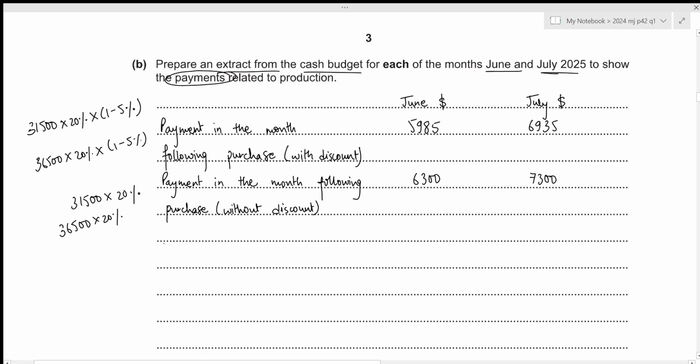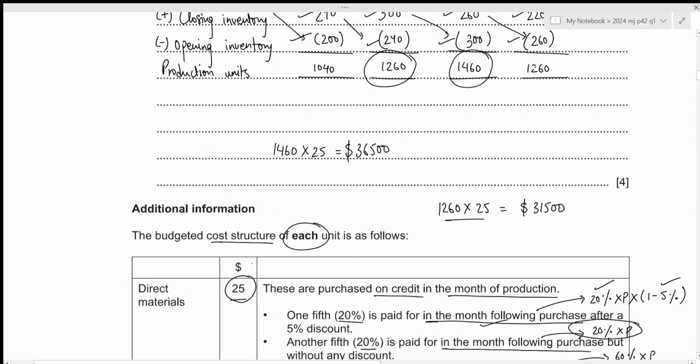Now let's talk about the payment in the second month following purchase. For the month of June, we will have to refer to the production units 2 months before June. That will be for the month of April. Let's take a look above.